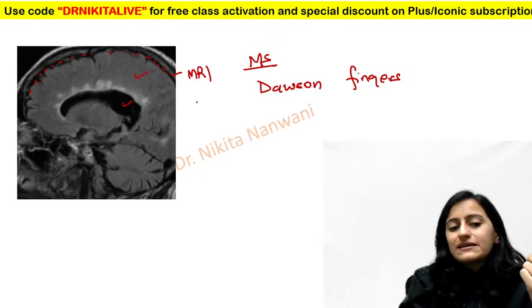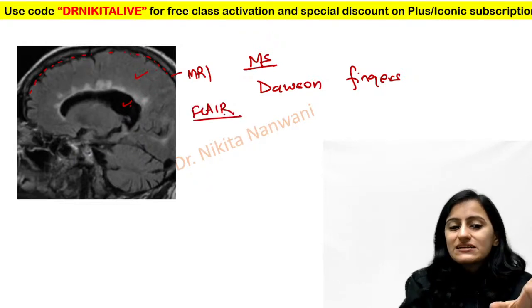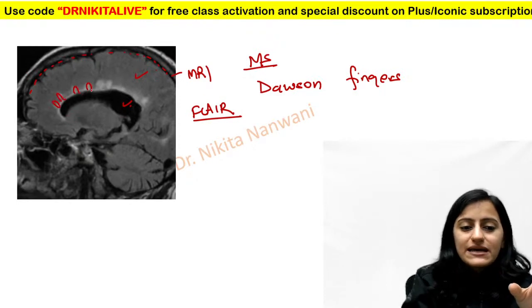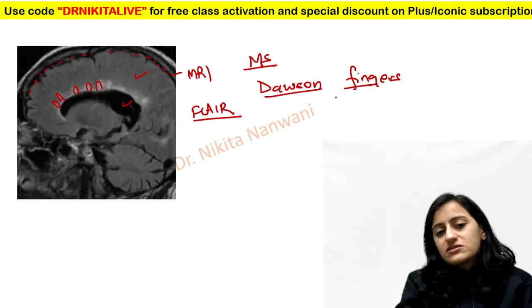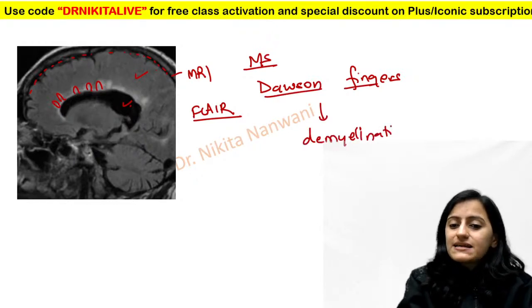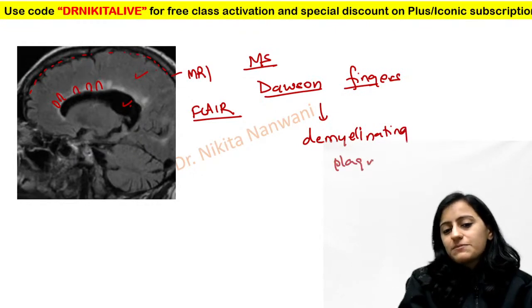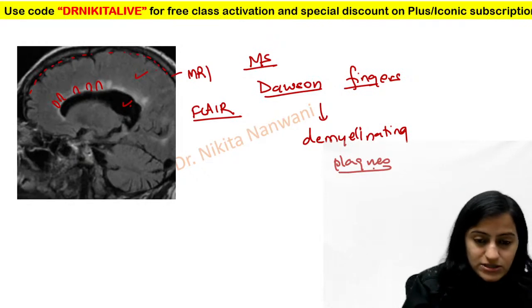White matter is black, water black, all black is FLAIR. So in the FLAIR sagittal image, you see these white areas like fingers projecting, that is the Dawson's fingers, which actually represent the demyelinating plaques. So this is multiple sclerosis.